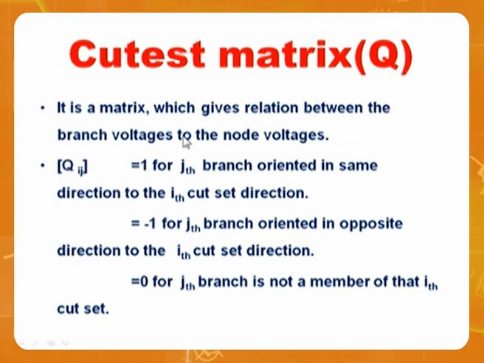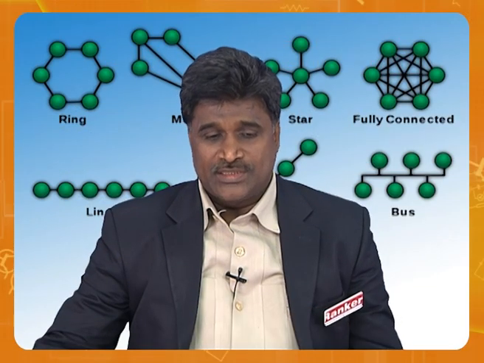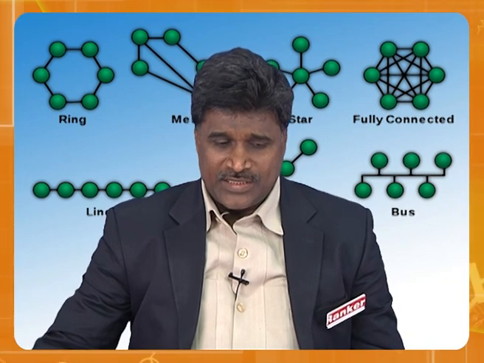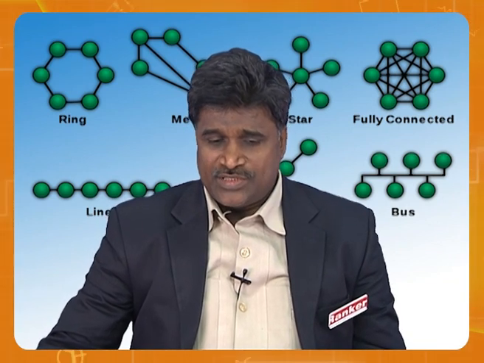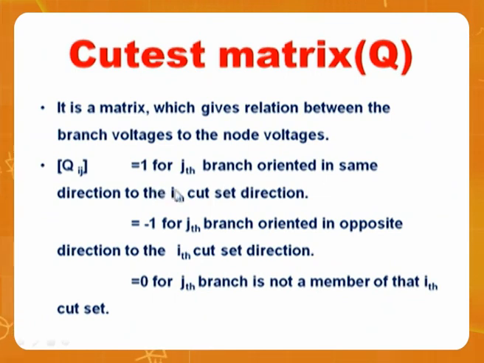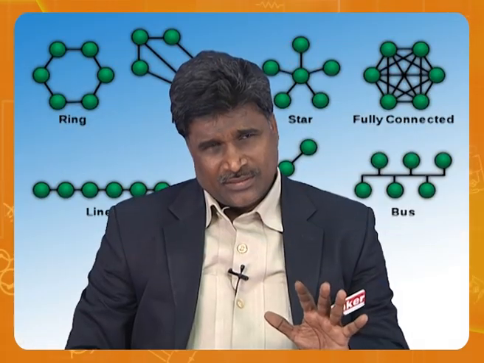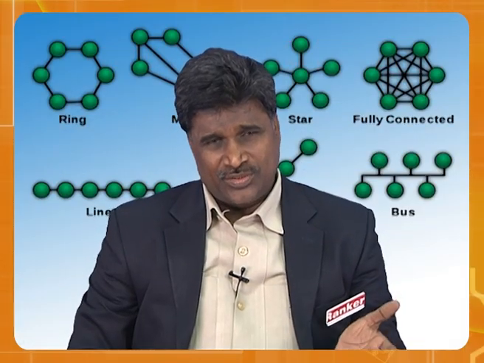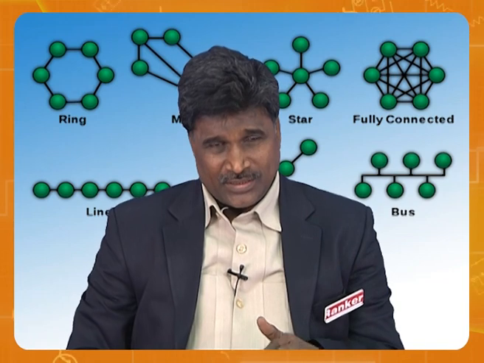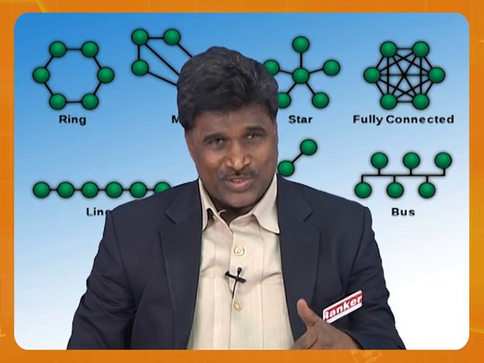Please remember, tie set deals with currents, cut set deals with voltages. Qij is positive if the jth orientation is the same as the ith current, -1 if it is opposite, and 0 if it is nowhere linked. Same as previous. Just instead of current you take voltages. Instead of loops we take nodes here.